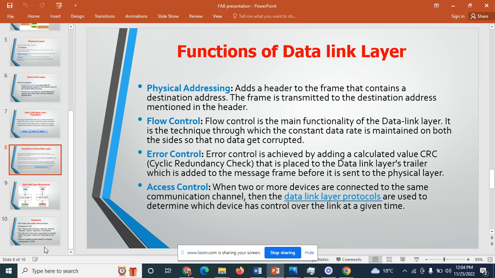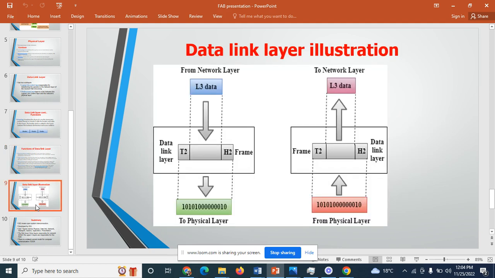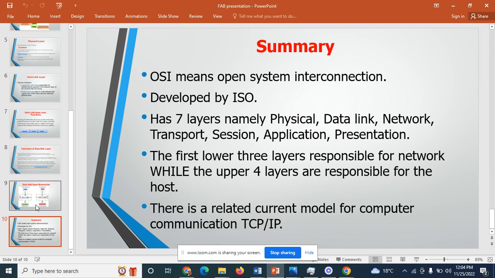Okay, then our assignment will be the last bullet on this summary slide. Kindly go and look at the TCP/IP model, get to understand what it does, and be able to relate it with the OSI model.